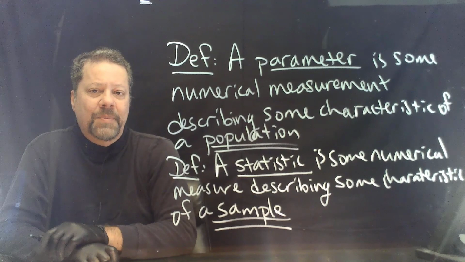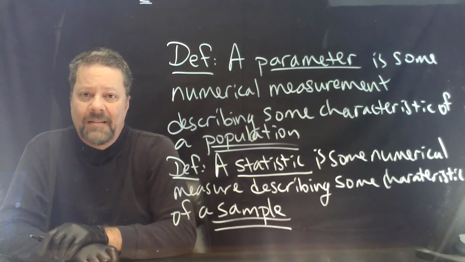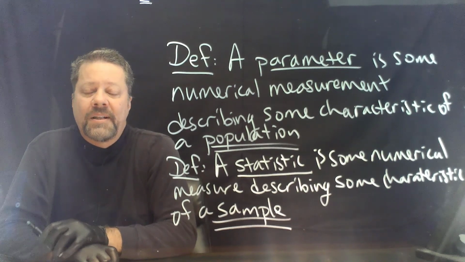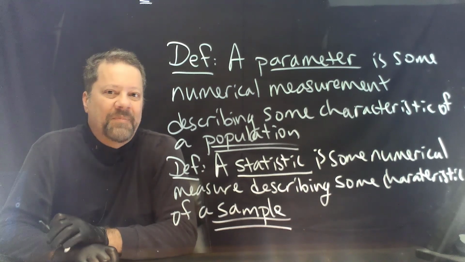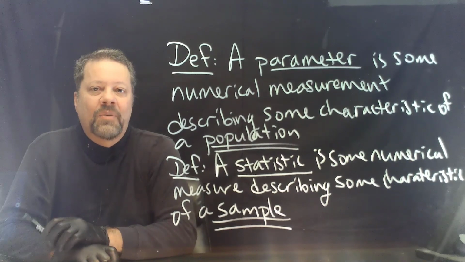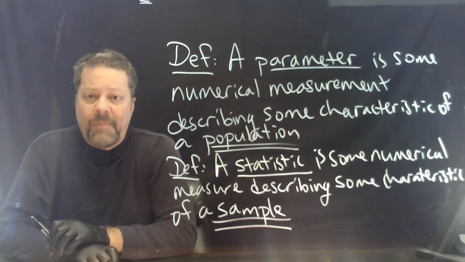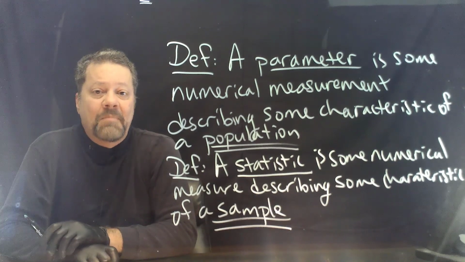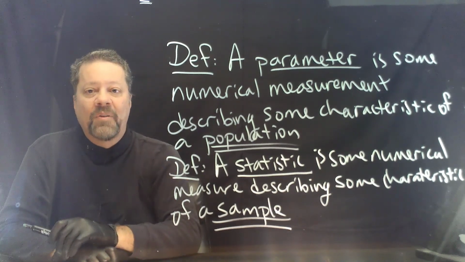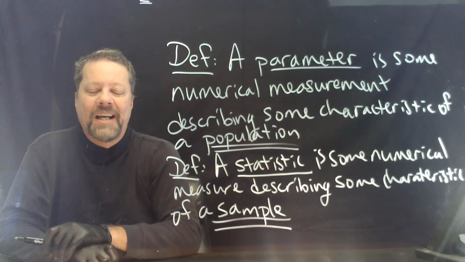You can see the difference between a parameter and a statistic. Parameters apply to a population. Statistics apply to a sample. So pay attention to that alliteration. We talk about a population parameter and a sample statistic. That helps you to remember which term applies in which case.